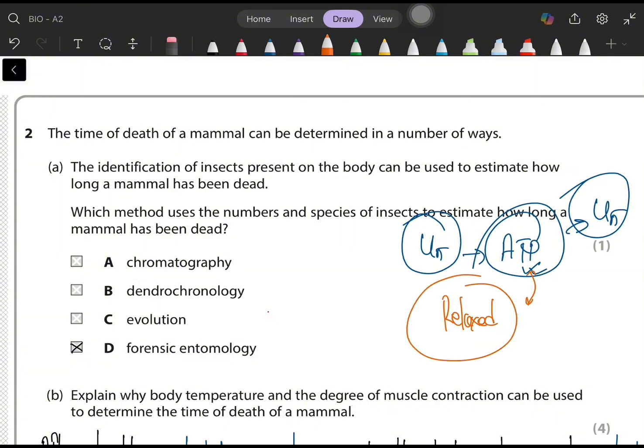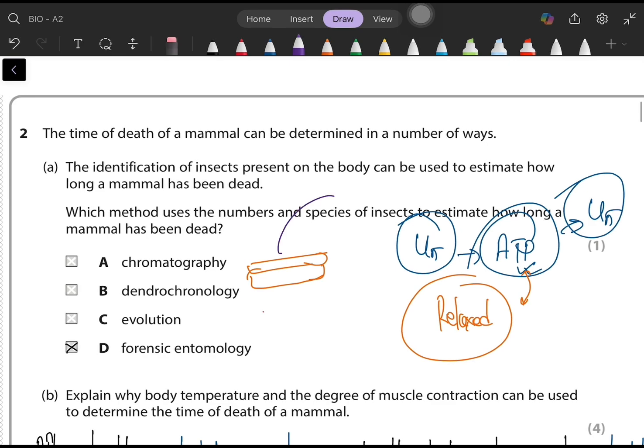So suppose these are your muscle fibers, and they have a certain amount of ATP present in them. As the person dies, this ATP store is going to drop because ATP won't be produced by metabolic reactions.